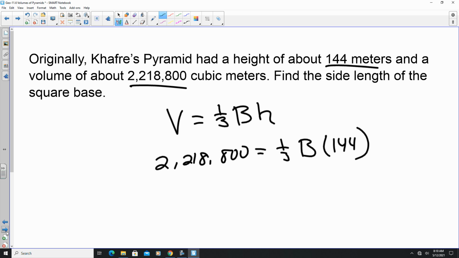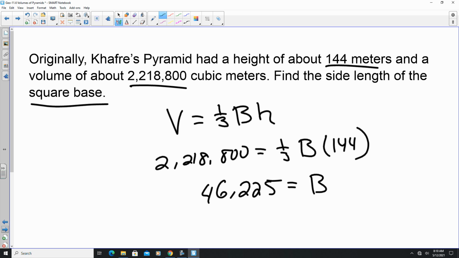So essentially I'm going to take 2,218,800, divide that by 48, and I get 46,225, which is equal to B. So B represents the area of the base. And they said that this base was a square.